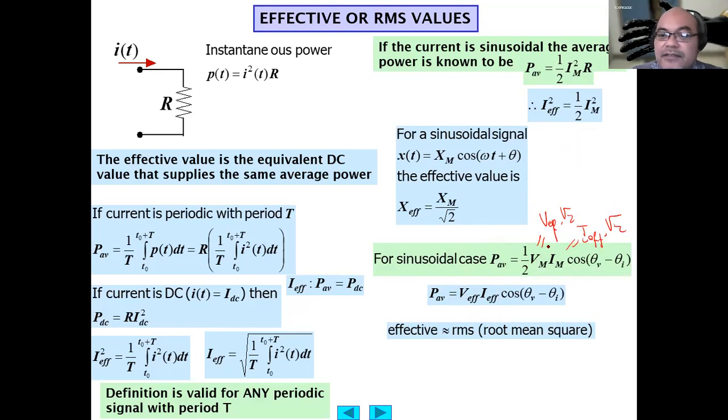As a result, P average equals half times square root of 2 times square root of 2, which equals 2, and the 2 cancels with the denominator 2. So P average equals V effective times I effective cosine of theta v minus theta i.